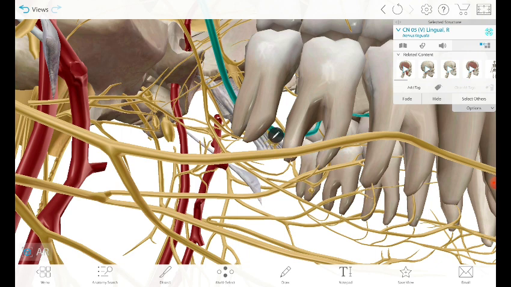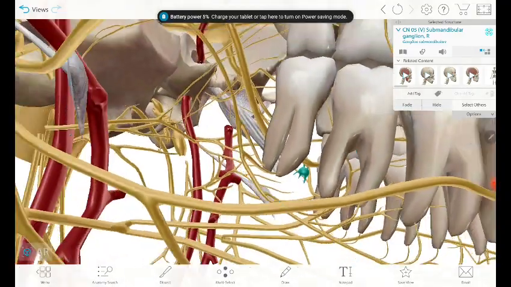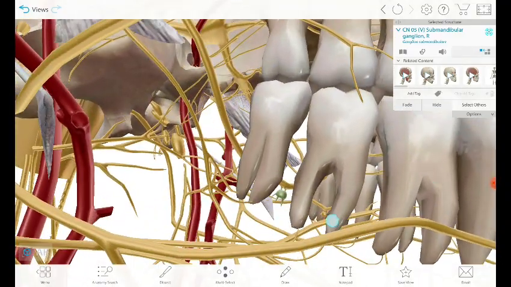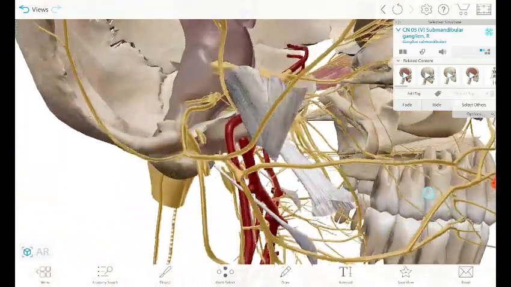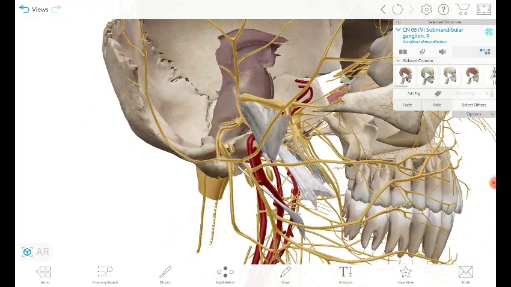So this ganglion over here is the submandibular ganglion, and this submandibular ganglion supplies the submandibular and the sublingual salivary glands. So this finishes our video on the cranial nerve 7.